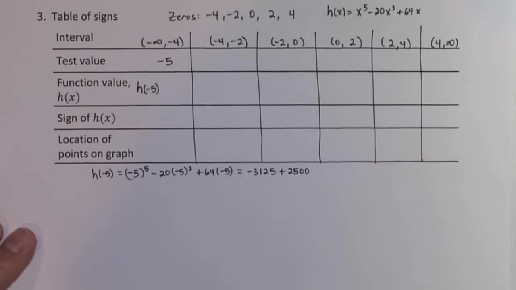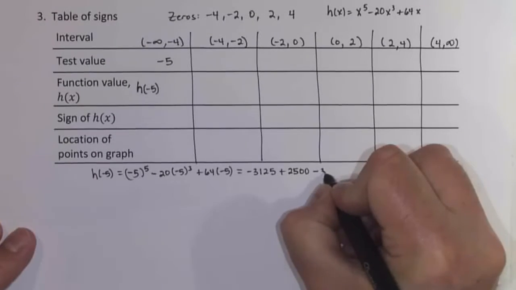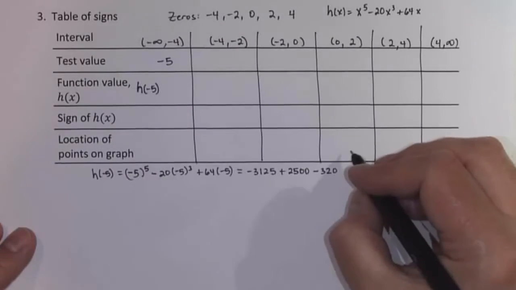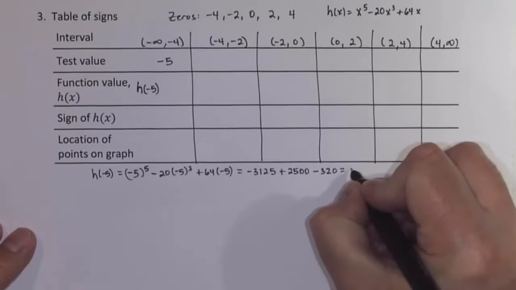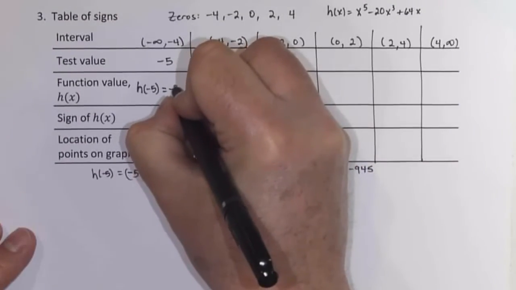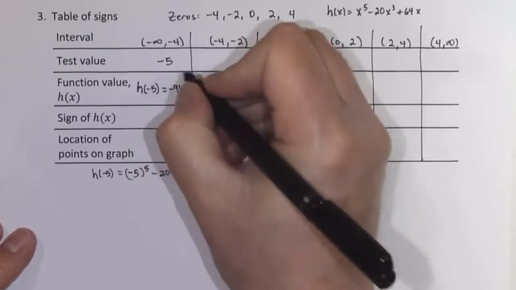And 64 times negative 5 is negative 320, or minus 320. So negative 3,125 plus 2,500 minus 320 is negative 945. So h of negative 5 is negative 945.